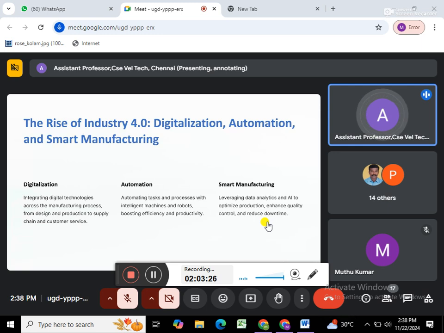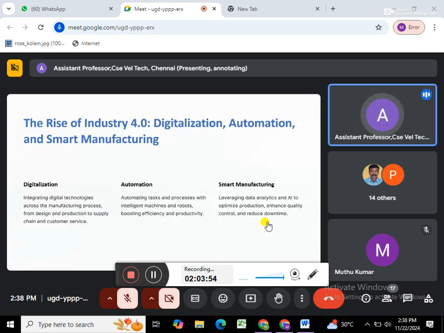There is a huge demand for AI-based engineers, electronic engineers, and mechanical engineers. All these different requirements have converged into Industry 4.0. That is what we can understand with respect to the rise of Industry 4.0.